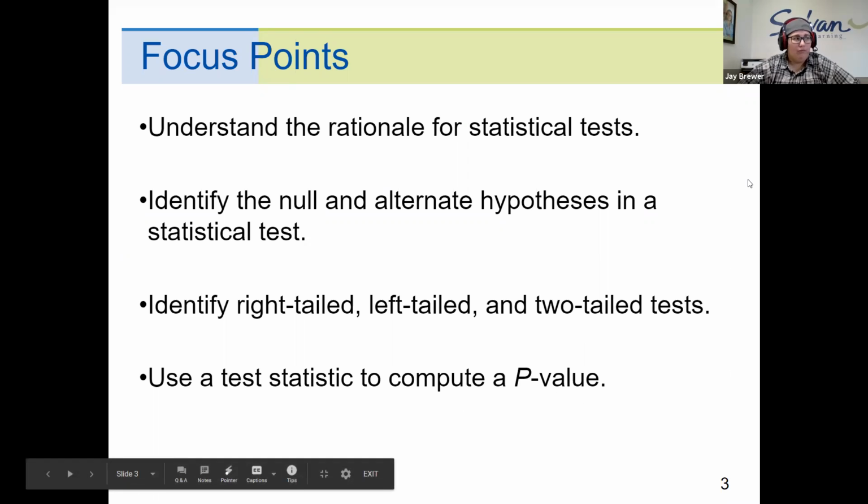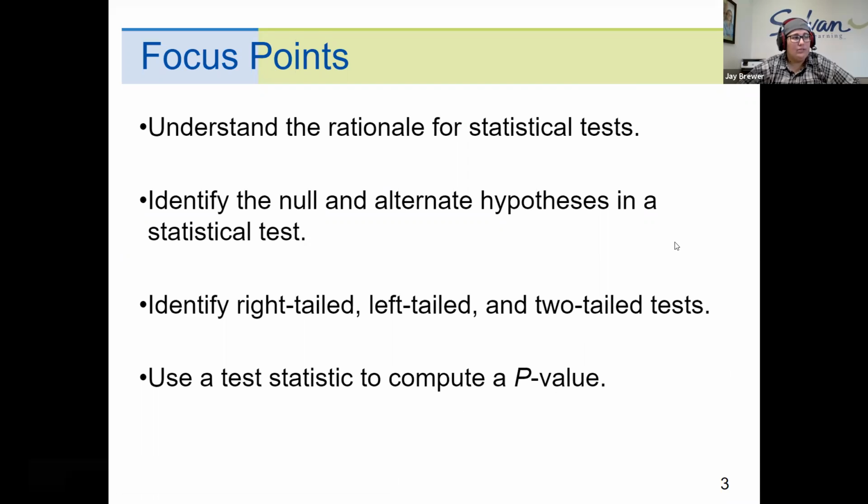Now, I will let all of you know that when I was in your shoes taking stats for the first time at a lower level before grad school, null and alternate hypotheses are probably one of the hardest things to wrap your mind around in statistics. It's not so much hard in the sense of what you have to do.